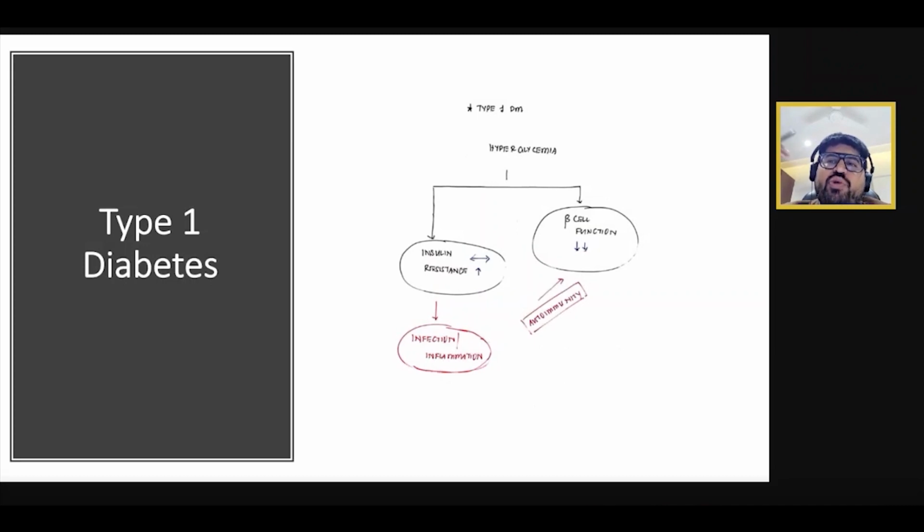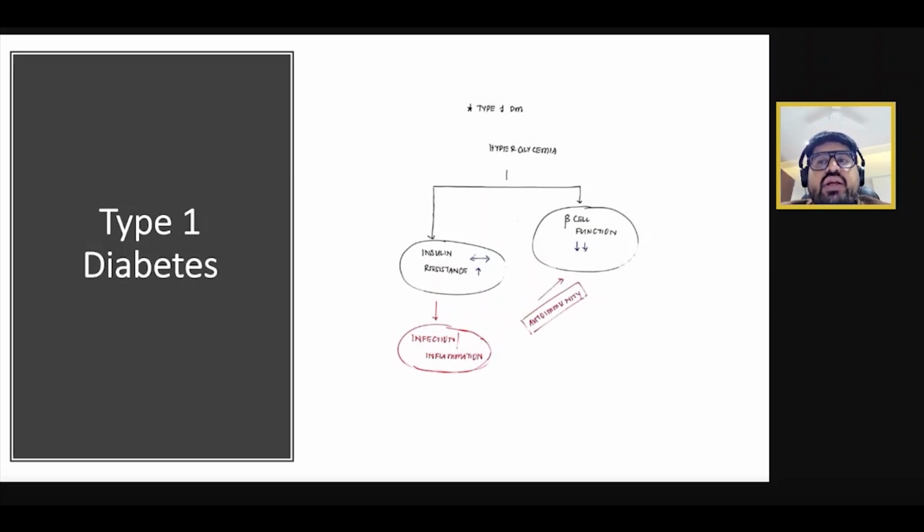But close to that, you have another form of beta cell dysfunction, which happens with type 1 diabetes. What happens in type 1 diabetes is that you have autoimmune damage to the beta cell. By some mechanism, you have damage to the beta cell, and this damage prevents the beta cell from releasing insulin. So this is the classical form of type 1 diabetes.